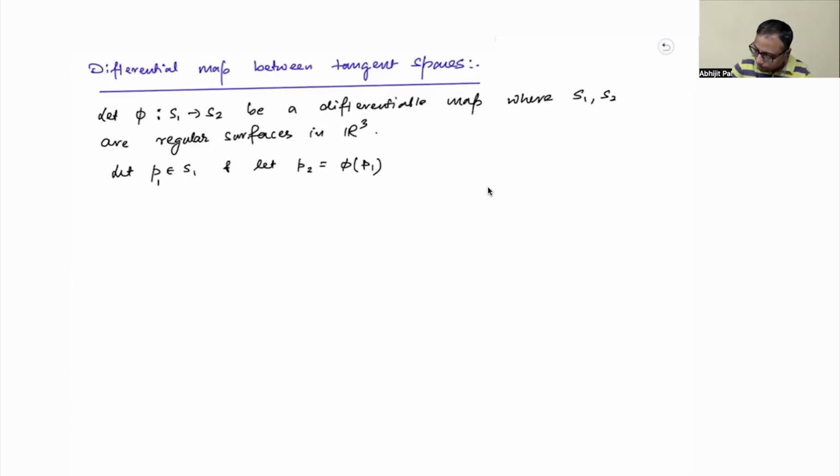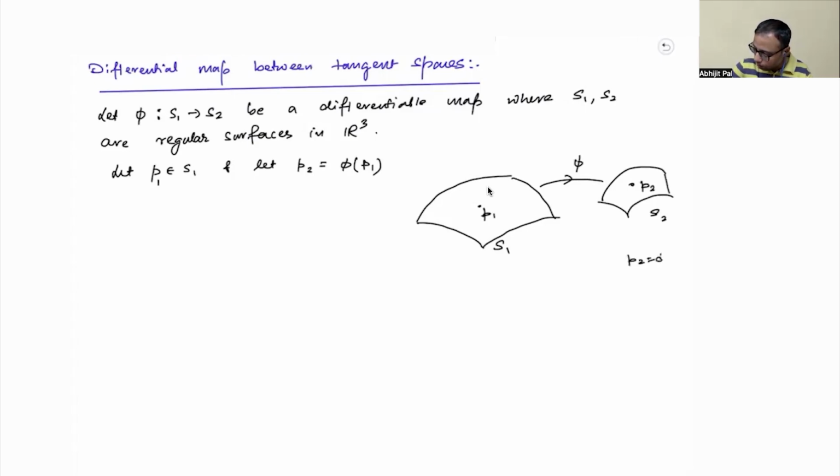Suppose this is my surface and this is my point P1. So this is the surface S1. And I have a map phi from this S1 to S2. So this P2 is equal to phi of P1.